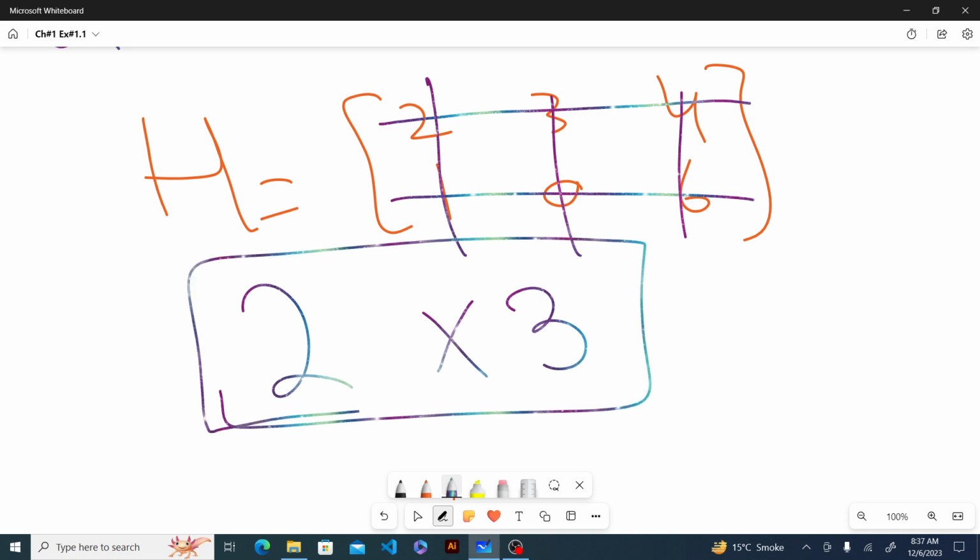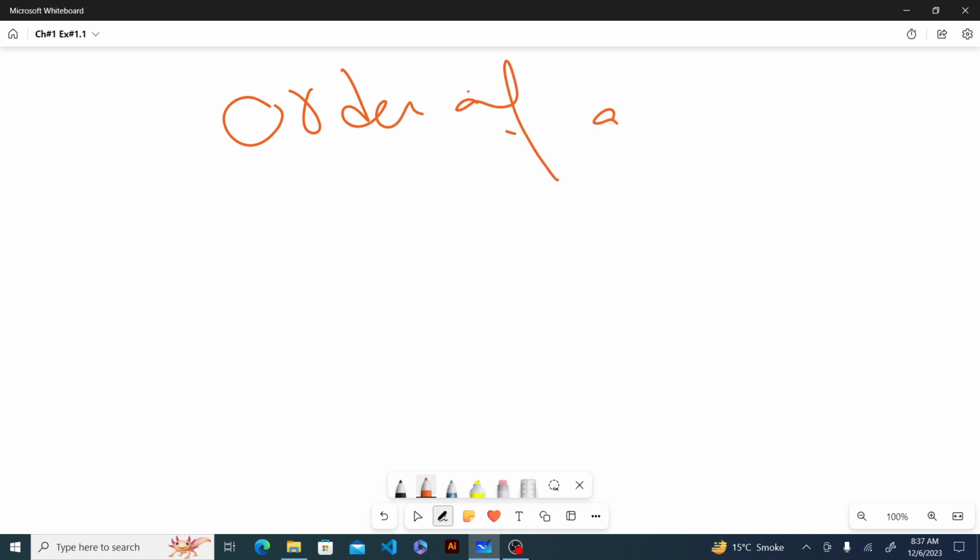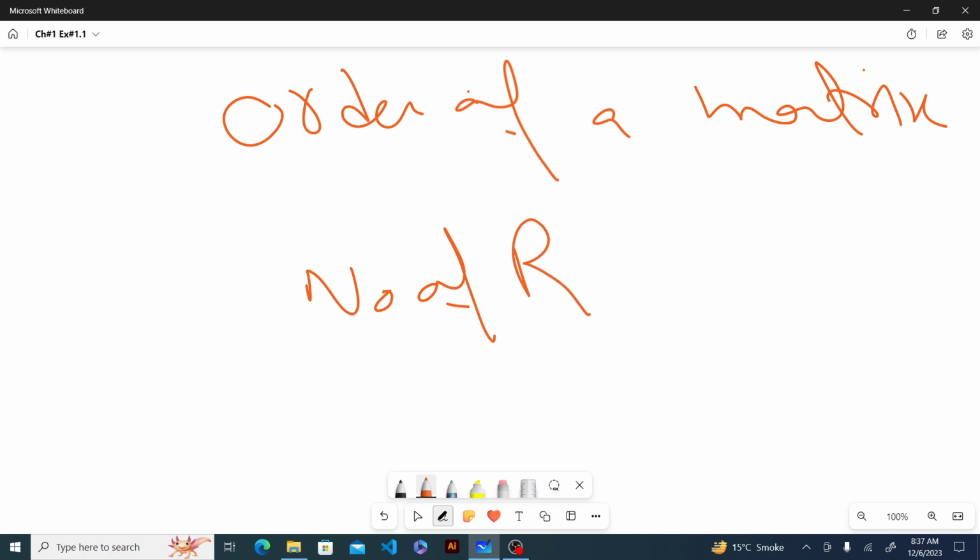What is simply the order of a matrix? It is simply written as number of rows into number of columns of a matrix.